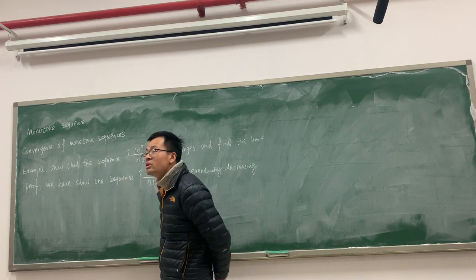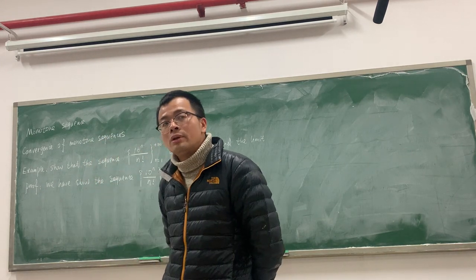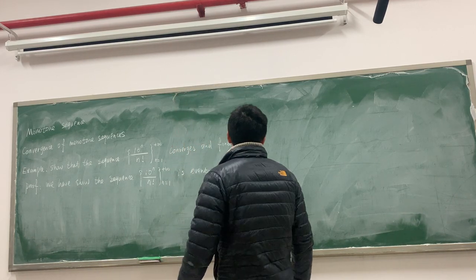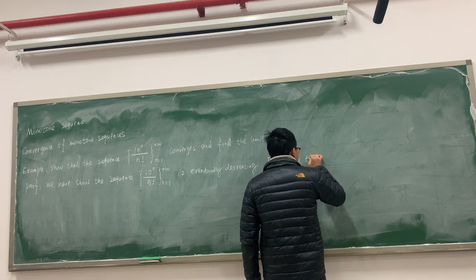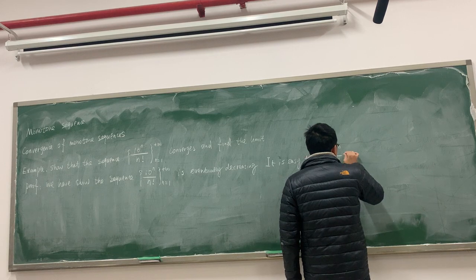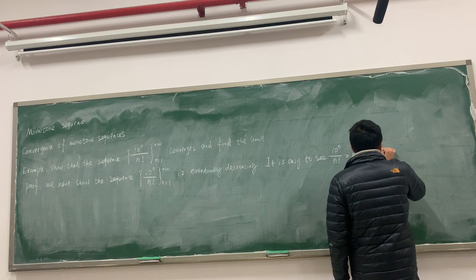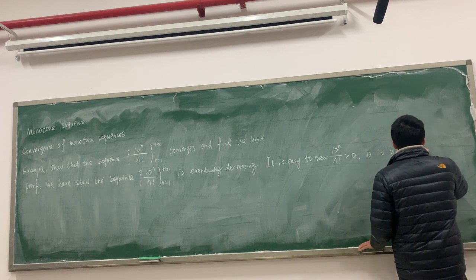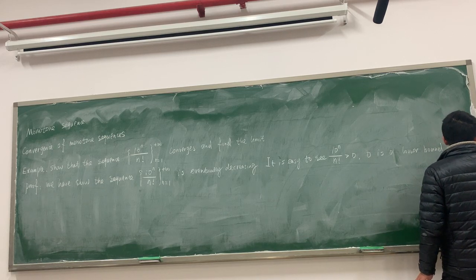Now it's easy to see that 10^n is positive and n factorial is positive, so positive over positive is positive. So 10^n over n factorial is greater than 0, which tells us that 0 is a lower bound of this sequence.